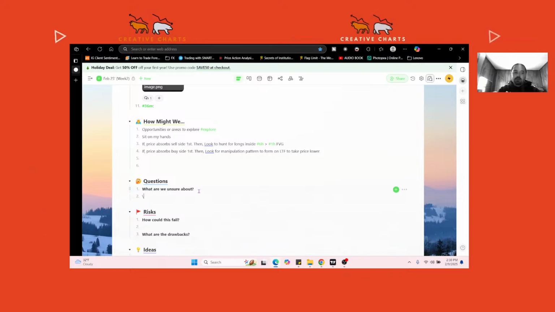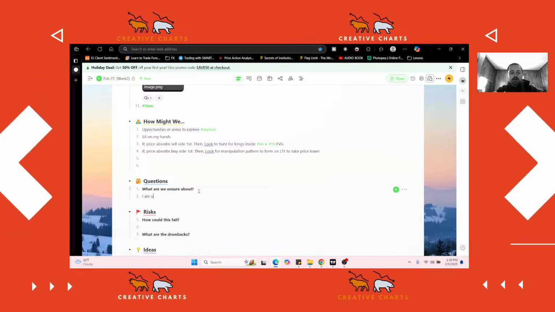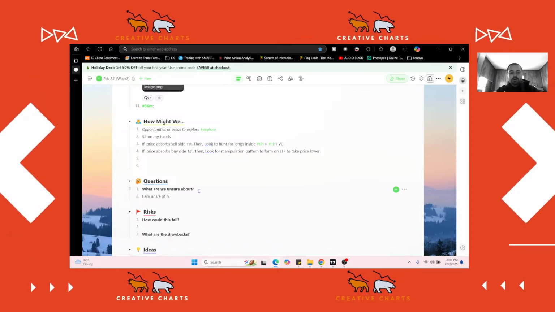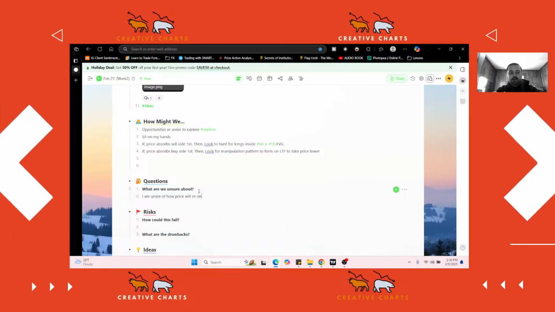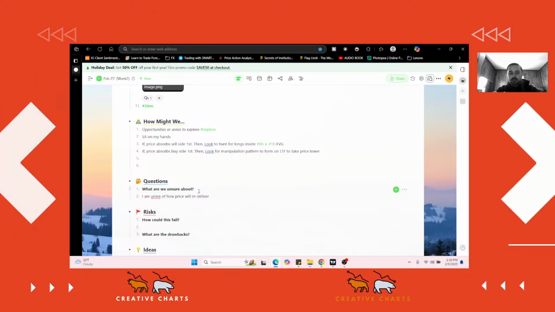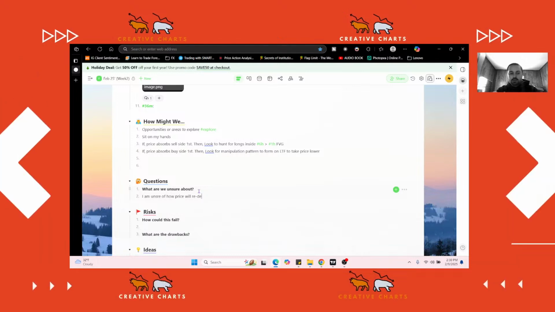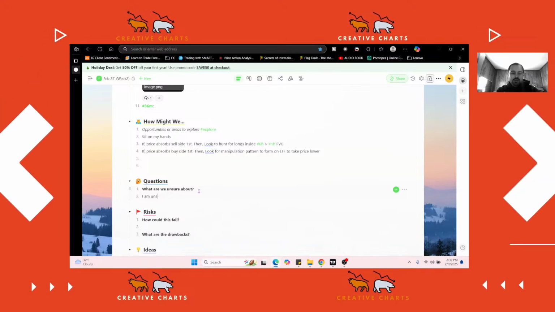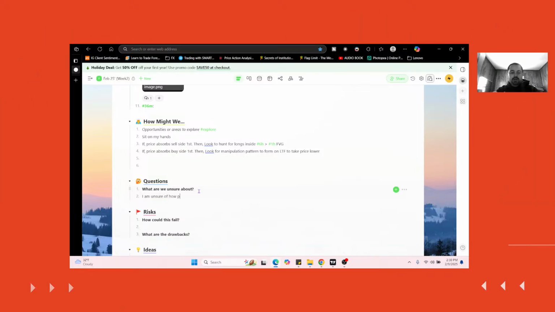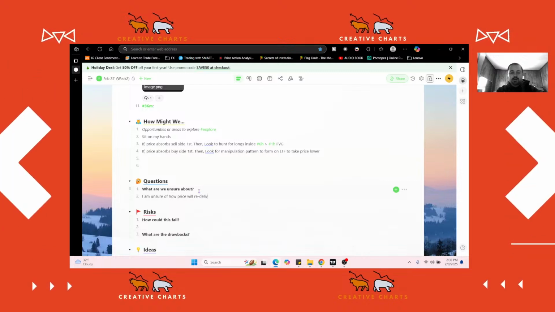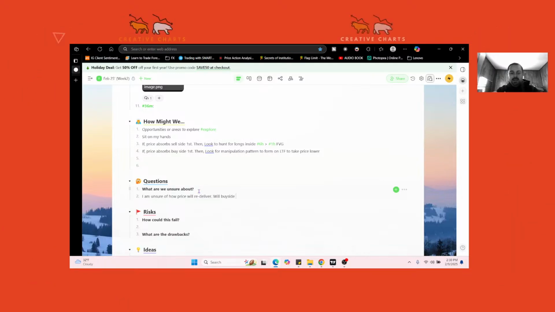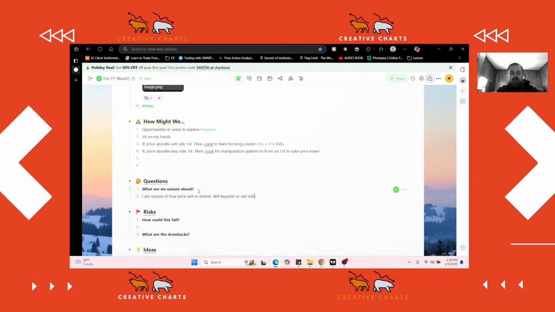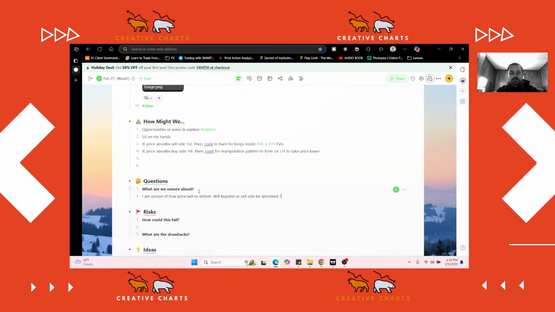What are we unsure about? I am unsure of how price will redeliver. Can't type, man, tired. Unsure of how price will redeliver. Will buy side or sell side be absorbed first?